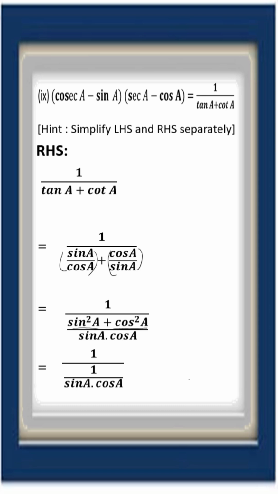Now we have to take the reciprocal of the denominator. What is it? Sin A into cos A. So this is equal to sin A into cos A. Let this be equation number 2. From 1 and 2, LHS is equal to RHS, hence proved.